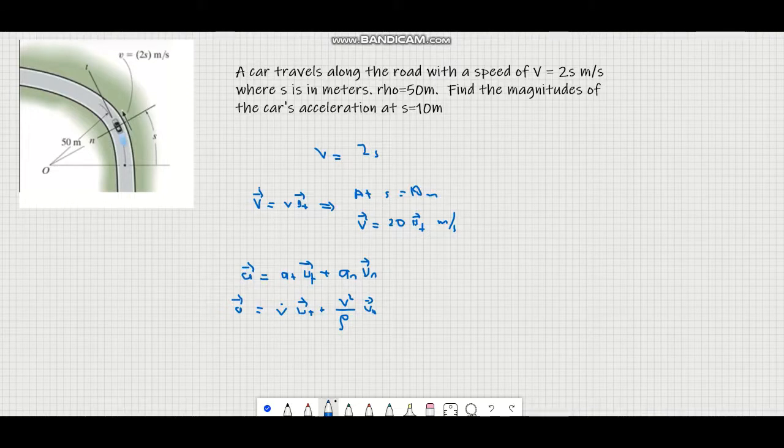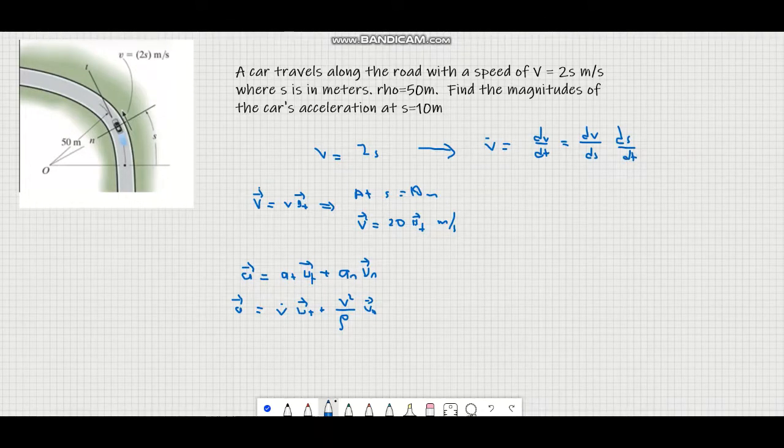We need to use the chain rule, right? dv dt, I want to represent by dv ds times ds dt.